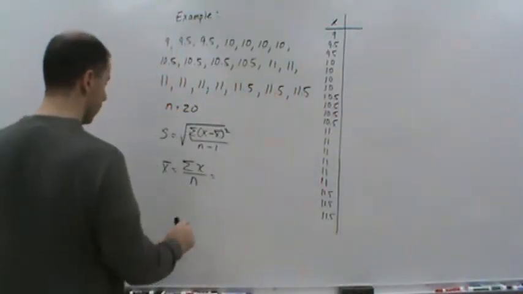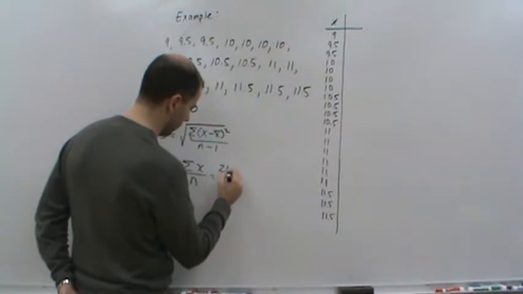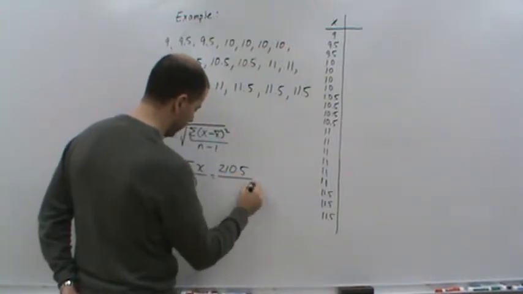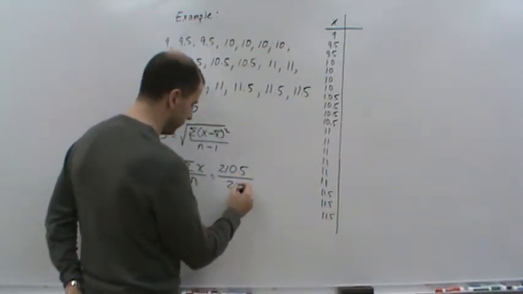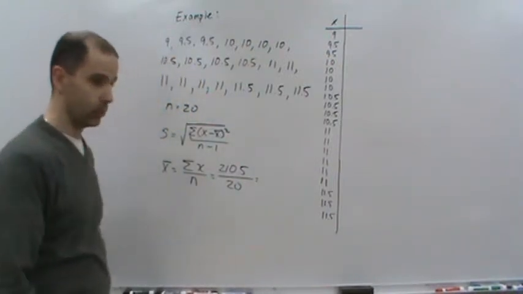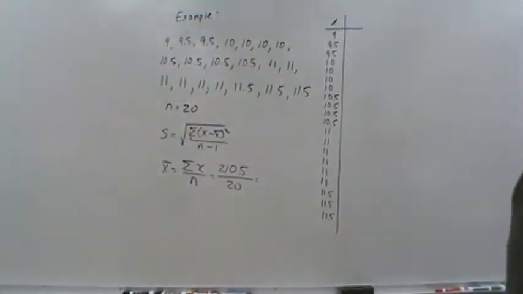Okay, so 210.5 divided by 20 equals what? Oh, well, it should be about 10.53.